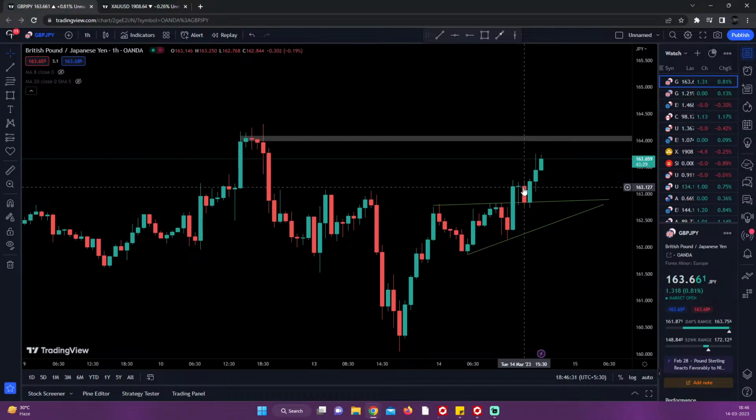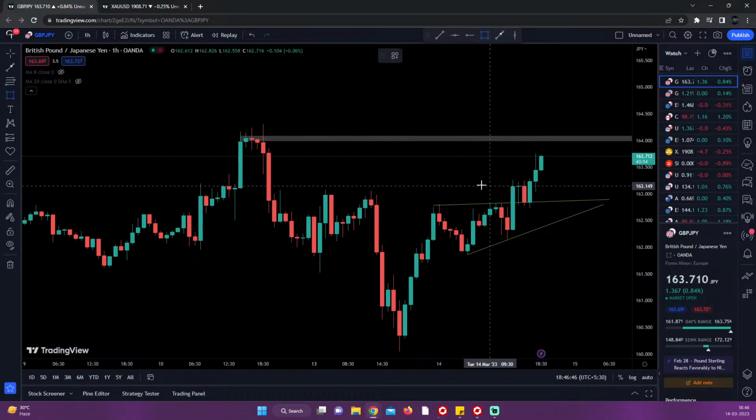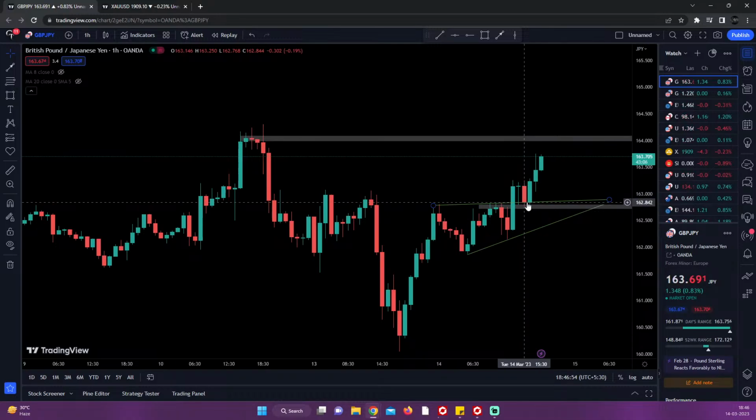After that, we got a sell candle. But the amazing part was that this bearish candle didn't close below these trend lines, right? So if we also draw a support or a resistance over here, we can clearly see that this candle came down strongly, but it did not close below the resistance area or below the trend line, right?